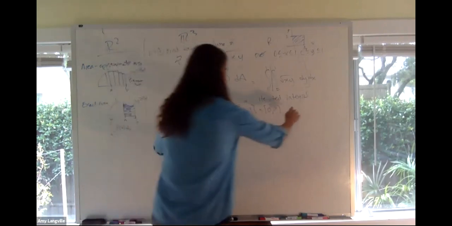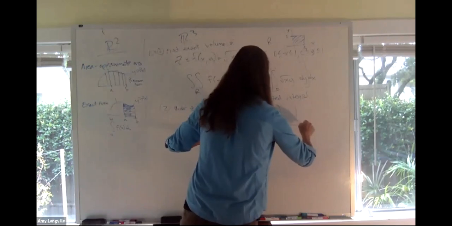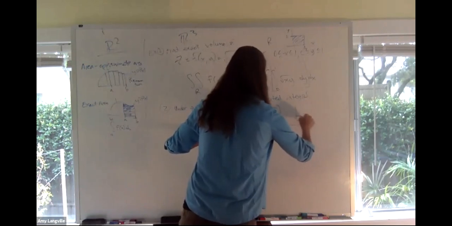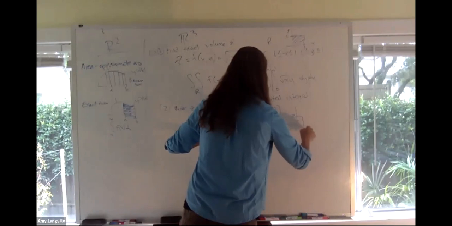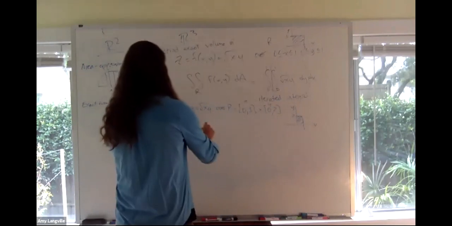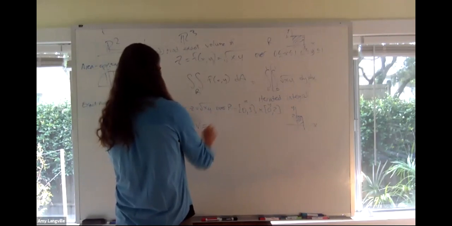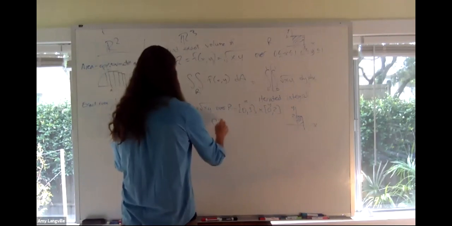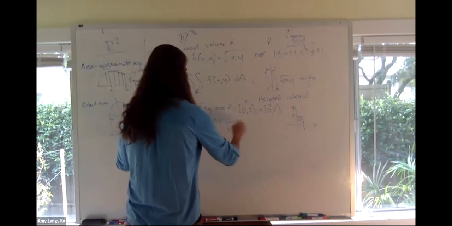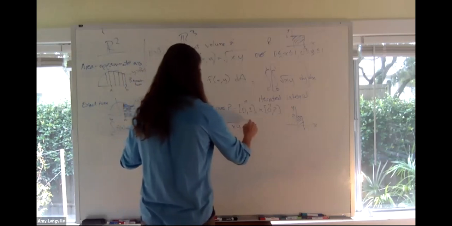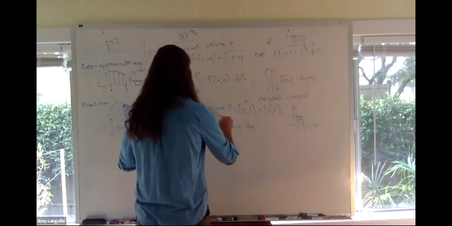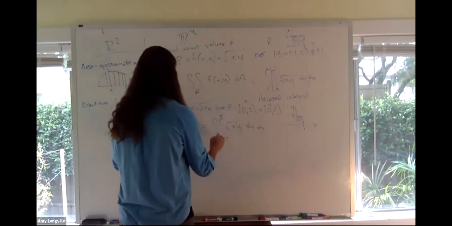So now this is an actual proper rectangular region, 0 to 1, 0 to 2. In that case, the exact volume would be exactly the double integral of square root xy, y goes from 0 to 2, x goes from 0 to 1.